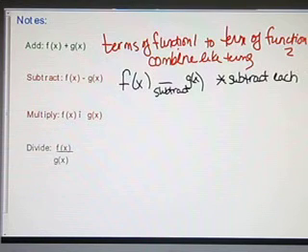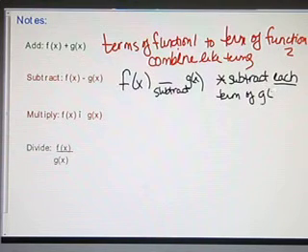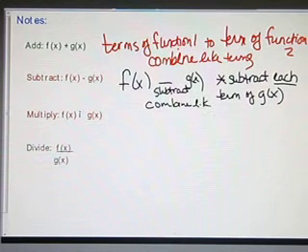You're changing the sign of each term, positive to negative and negative to positive. That's my big hint. The other thing is you're also combining like terms again. LT, like terms.